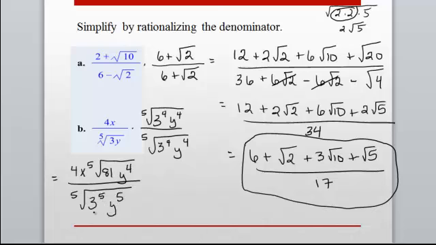Well, look what happens. We have 5 3's, we have 5 y's. They all get to escape, but of course, only one survives. So we're going to have 4x times the 5th root of 81 y to the 4th all over 3y.